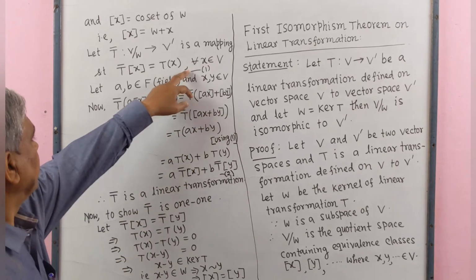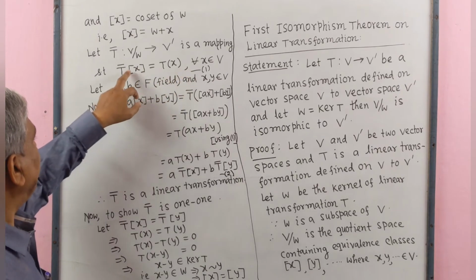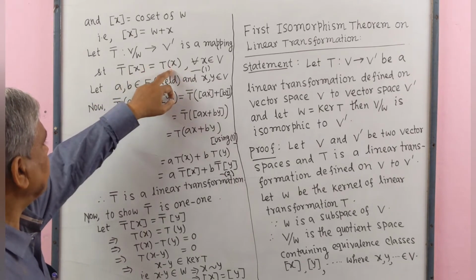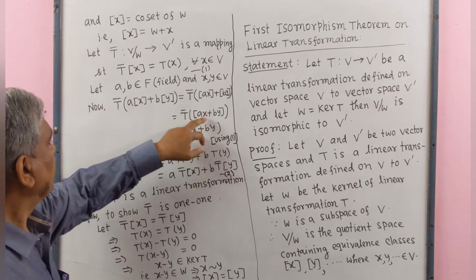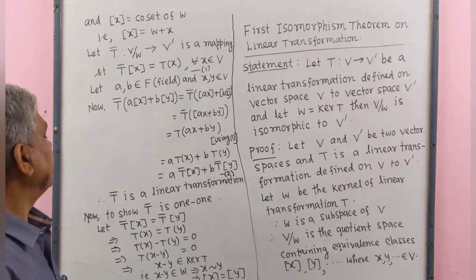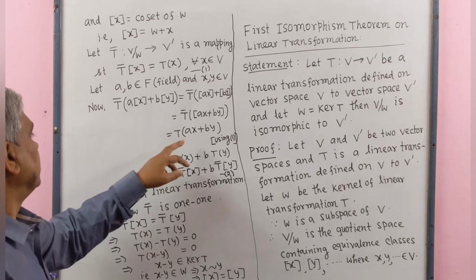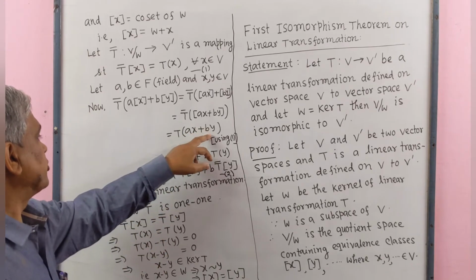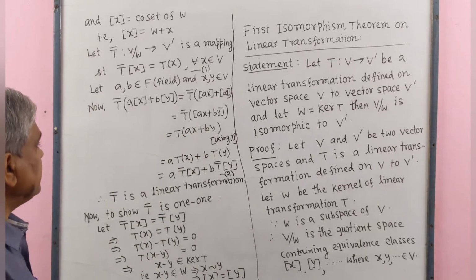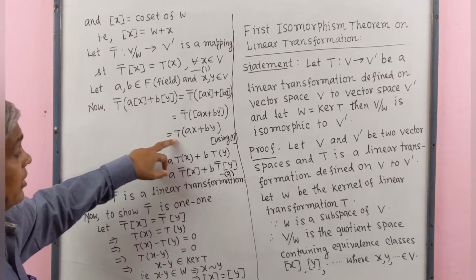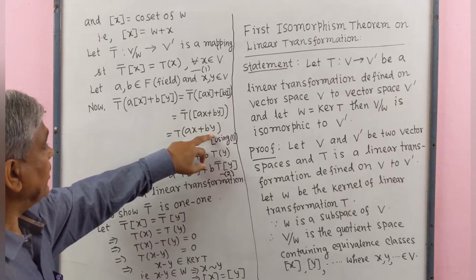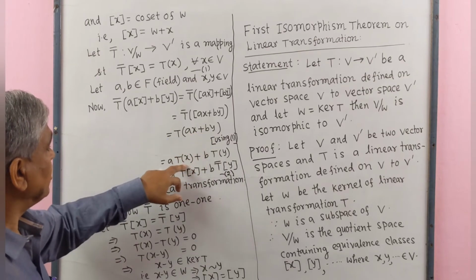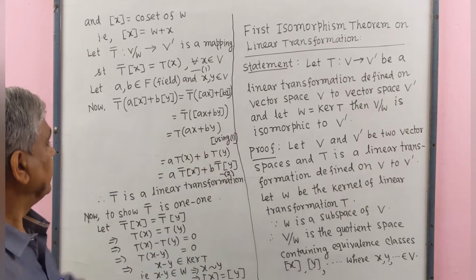From 1, T bar of class X equal to Tx, therefore T bar of class AX plus BY equal to T of AX plus BY. Since T is a linear transformation, T of AX plus BY equal to A Tx plus B Ty.